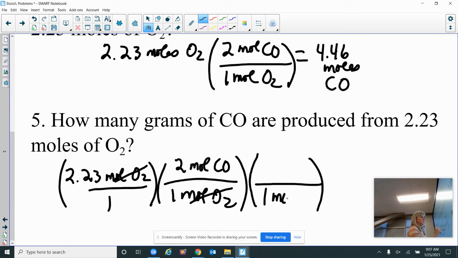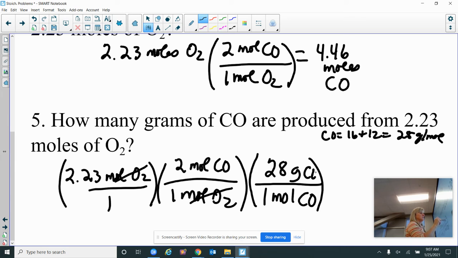So 1 mole of carbon monoxide, so oxygen weighs 16, carbon weighs 12. So the molar mass of carbon monoxide is 28 grams per mole. So 28 grams is the molar mass of 1 mole of carbon monoxide. So now on this one, we'll have the 2.23 moles.